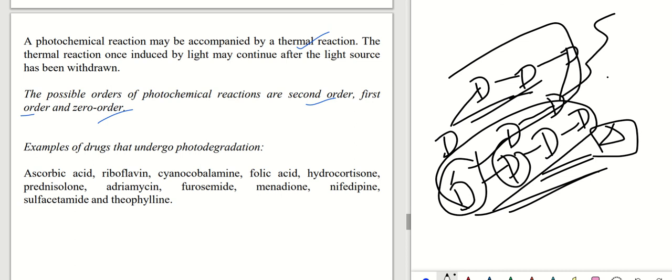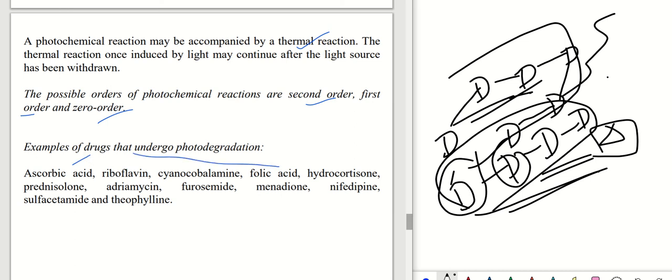These are the different drugs that undergo photodegradation: ascorbic acid, riboflavin, cyanocobalamin, folic acid. So most of the vitamins; hydrocortisone, steroidal type of drugs like hydrocortisone, prednisolone; and a few antibiotics like adriamycin; and diuretic medications like furosemide; next menadione, nifedipine, sulfacetamide, another antimicrobial agent, and theophylline, a bronchodilator.